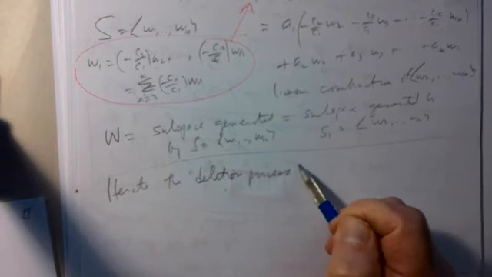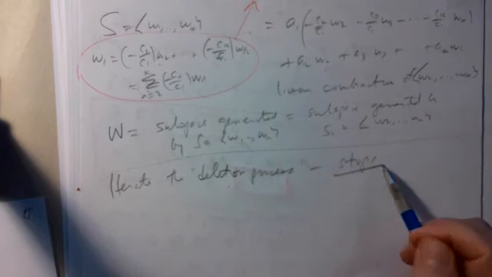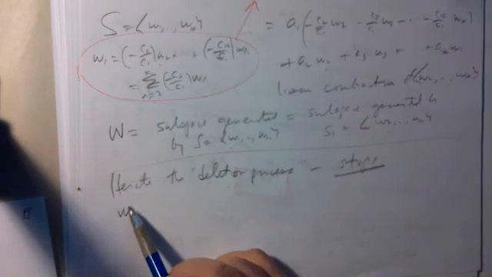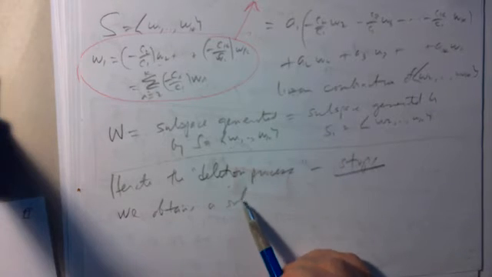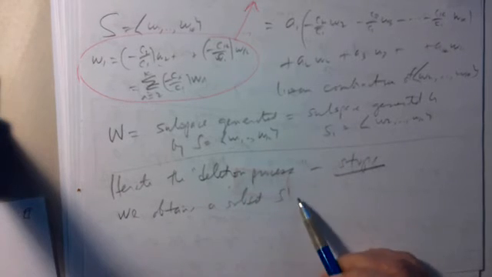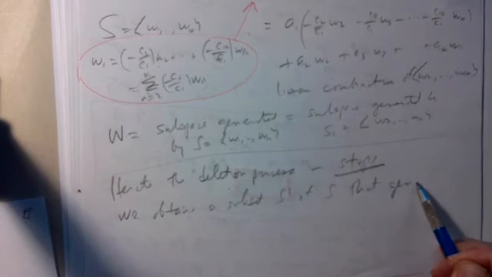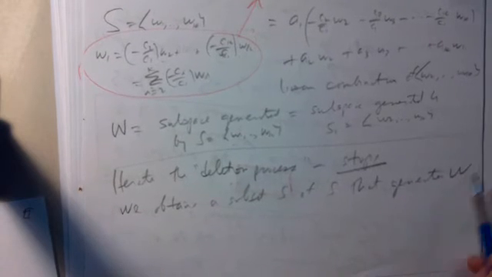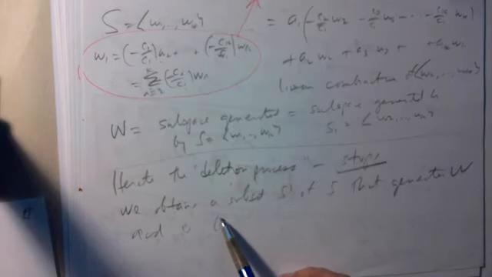We keep deleting one vector after another, and then this algorithm stops, and we obtain a subset, let's say S prime of S, that generates the same subspace W and is linearly independent.